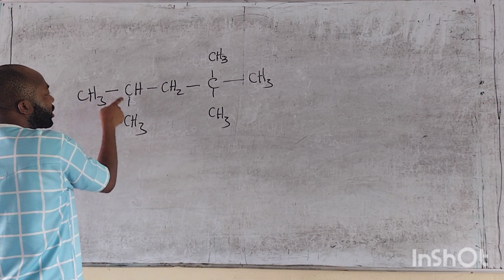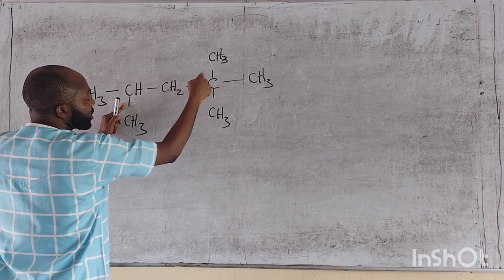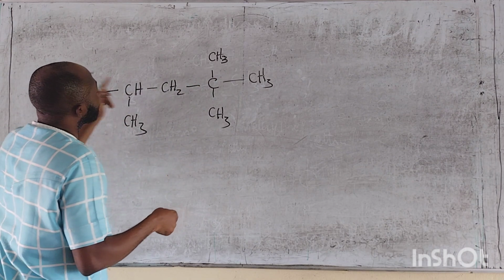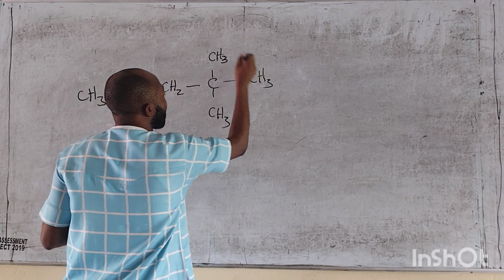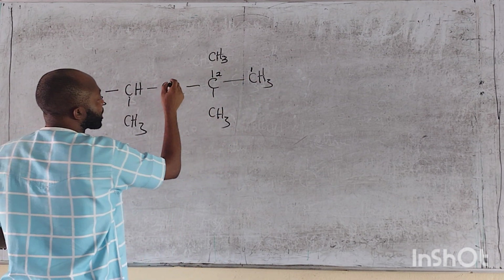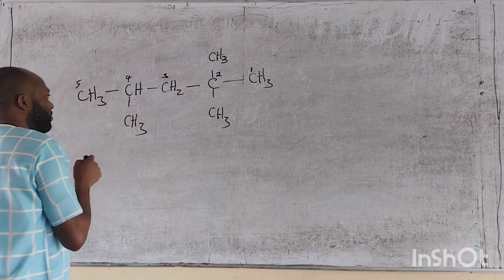But if you come from here, this is 2, 3, and you call this side 2 plus 2, 4. What do we get? 4, 5, 6. So either way is giving us the same thing, but let's take 3 as our shortest possible side. 1, 2, 3, 4, and 5.